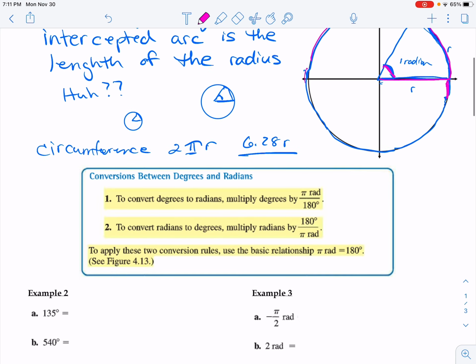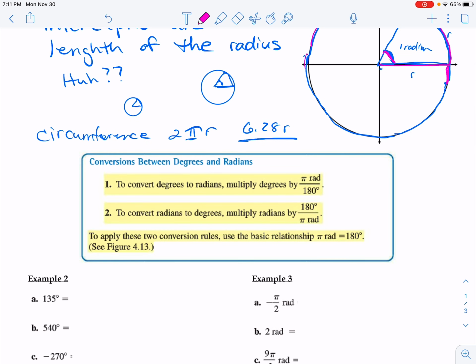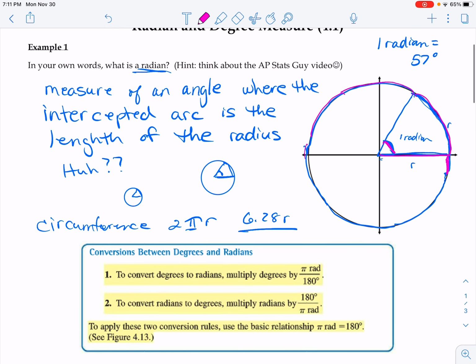It's nifty. All right, if we're going to convert from degrees to radians, think about it. All the way around the circle is 2 pi. So halfway around the circle is pi radians, or 3.14 radians. It's also 180 degrees.